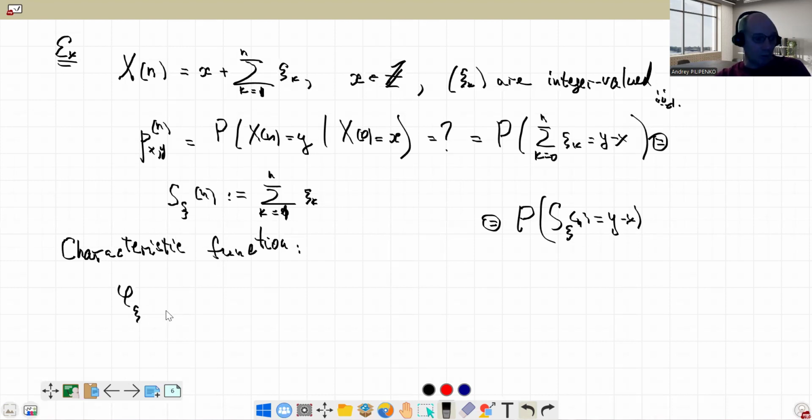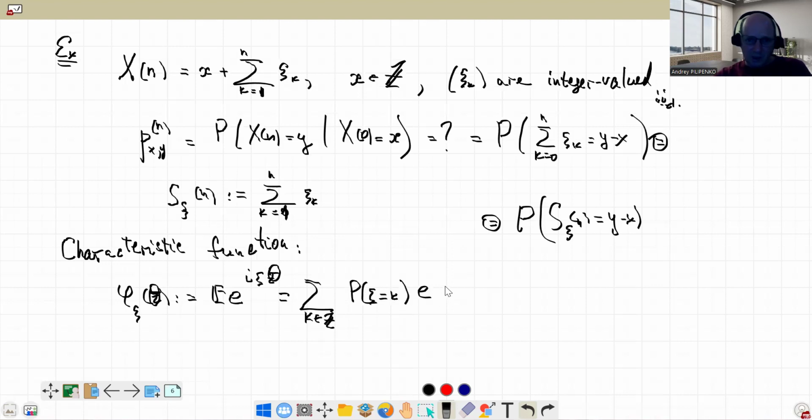Phi_xi(z) is the expectation of e to the power i xi z, where i is square root of -1, and recall that xi is an integer valued random variable, so this expectation is, let me use theta, the sum over all k in Z, probability that xi is k, e to the power i k theta.